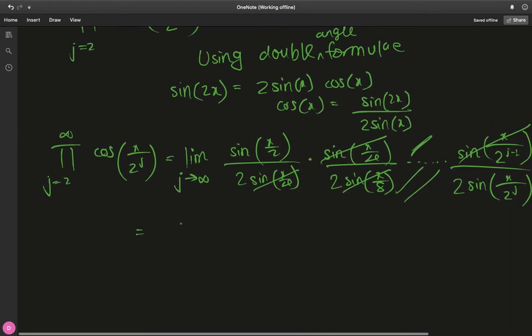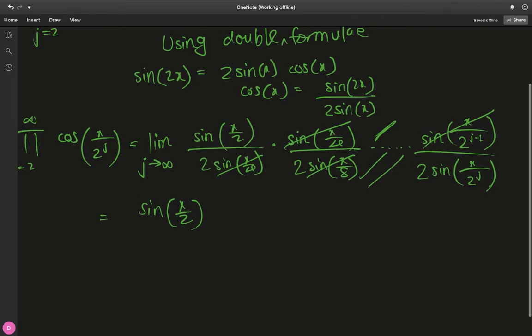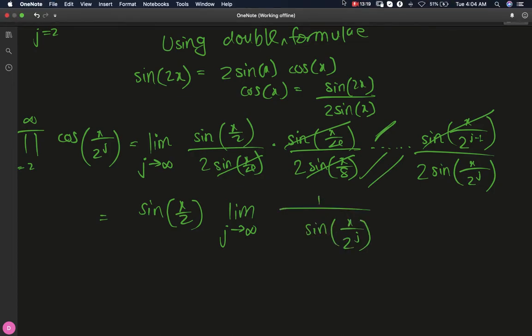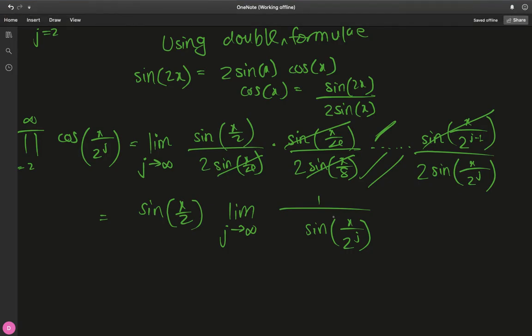So we can write this as sine of x over 2 outside the limit, because it does not depend on the last term index, times the limit as j goes to infinity of 1 over sine of x over 2 to the j in the denominator.